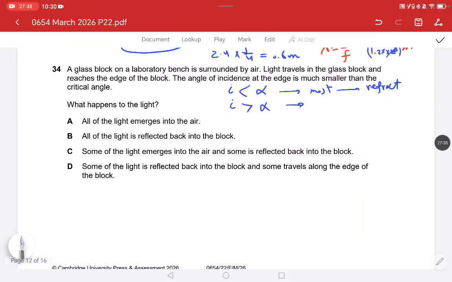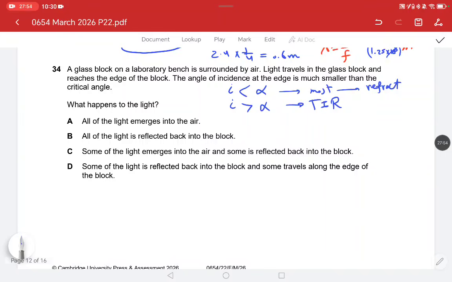It should be total internal reflection. So remember, if the angle of incidence is greater than alpha, it means total internal reflection.